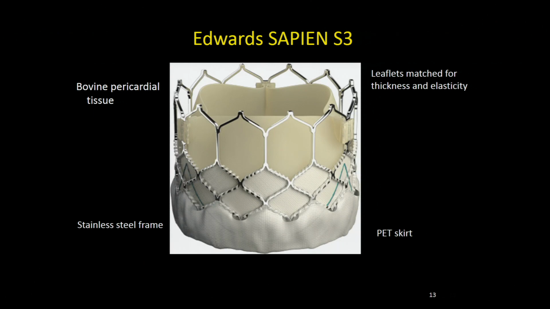They take the pericardium of the cow, clean it, process it, and then press it out almost like Christmas cookies. It's actually really fascinating to watch this happen. They press out little shapes and then sew the valve in the correct shape inside the stent frame. Around the bottom edge of the valve, you can see this little skirt that helps seal the valve in the annulus of the patient.